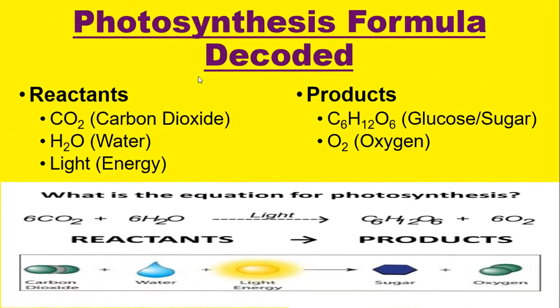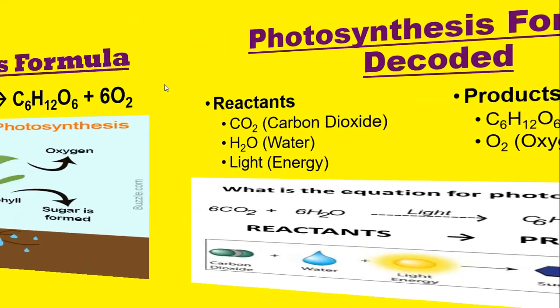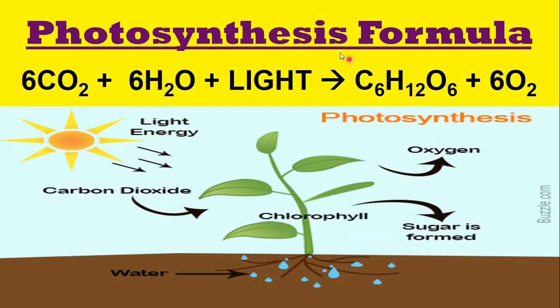Decoding it again, any chemical reaction, even photosynthesis, has reactants and products. There's an arrow in the chemical reaction, and this divides it into two sides.